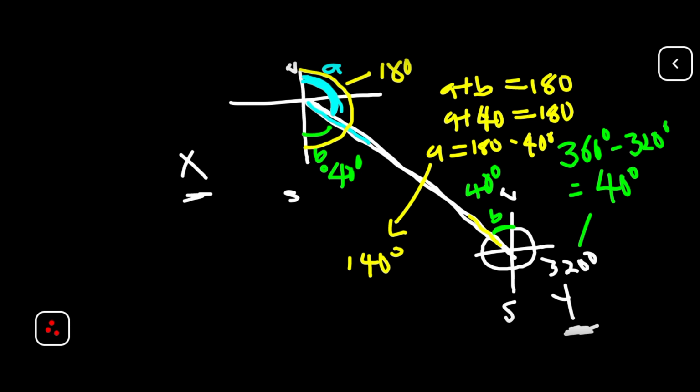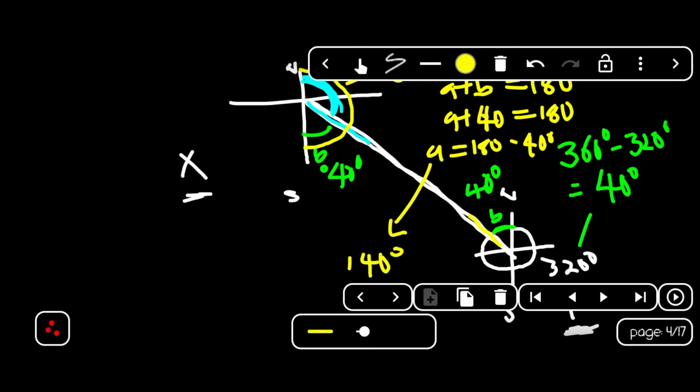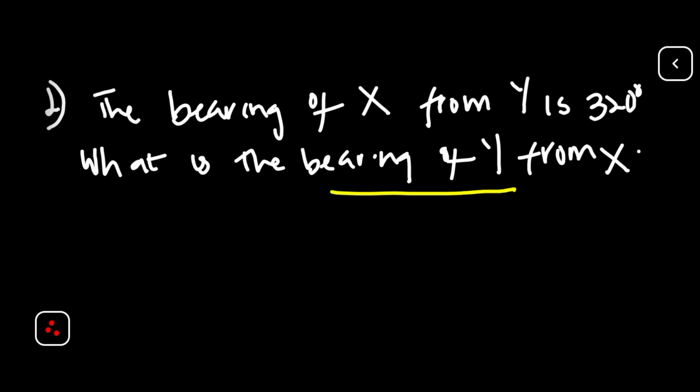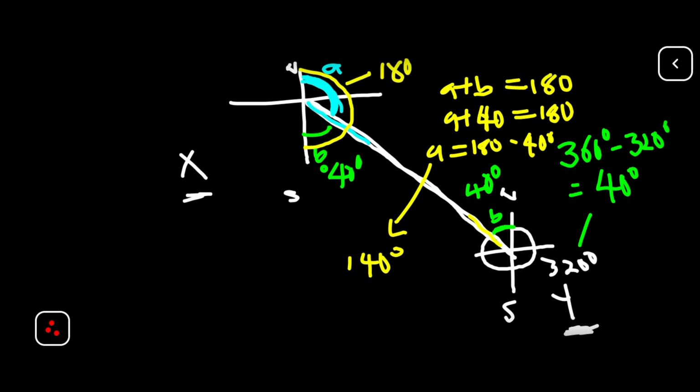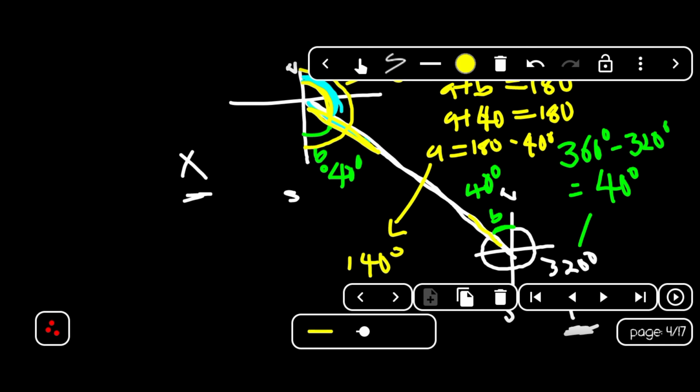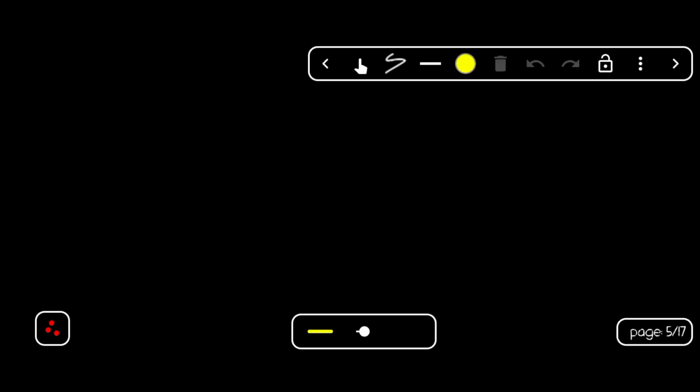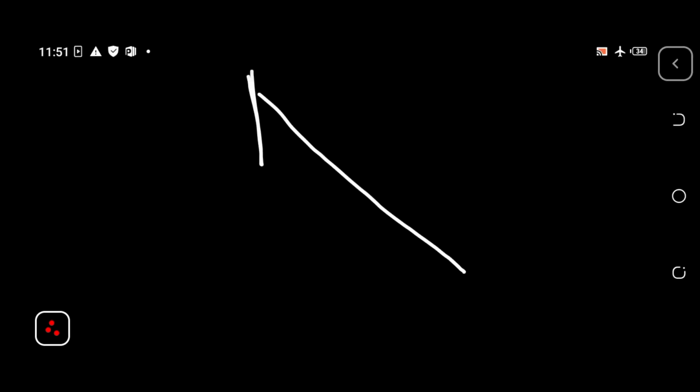And we got this bearing of X. But now they ask us to find the bearing of Y from X. And the only way to do that is to find that small angle that will form this bearing. So there's an angle here that will form this bearing. Now, let me represent it again so that you see exactly what I did. So that is this angle here.